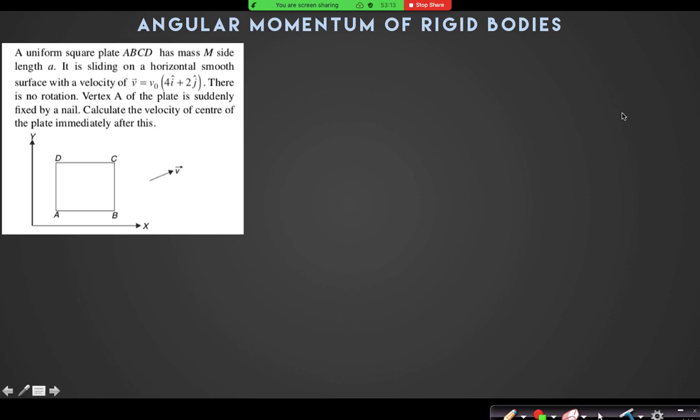Whatever impulse is there, is it passing through only point A? Yes, sir. So I can conserve the angular momentum about point A. Yes or no? Initially, it had no rotation, only the center of mass was moving with some velocity 4 v naught i cap plus 2 v naught j cap.